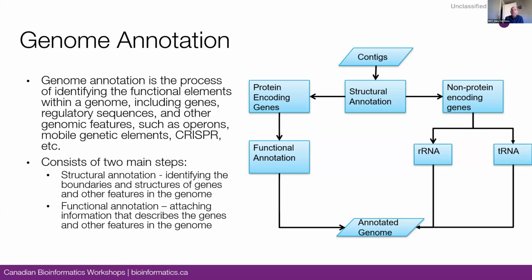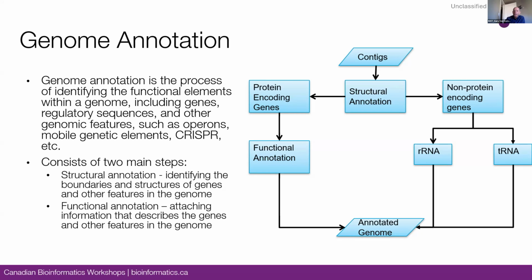A feature could be a gene, it could be a promoter, or it could be a larger element like an integrative and conjugative element, other mobile elements, a phage, CRISPR, etc. But when people think of genome annotation, mostly they think about just the genes, basically the protein encoding genes.